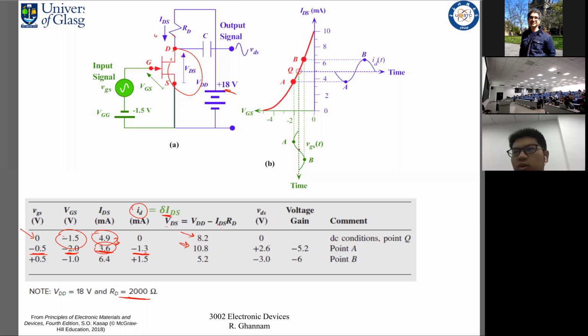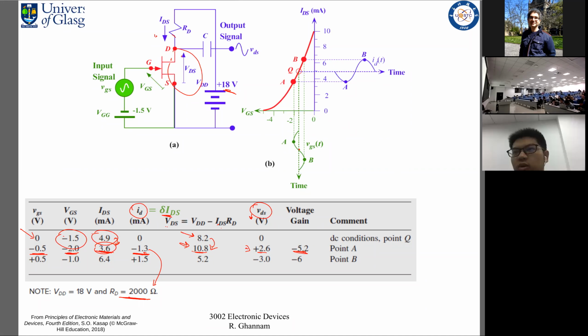We multiply this value, 1.3, by the 2 kilo ohms, and we can immediately see that VDS has increased to 10.8 volts. So the small signal VDS at this output is now 2.6. We've jumped from 8.2 to 10.8.